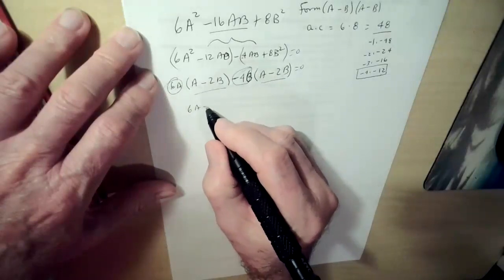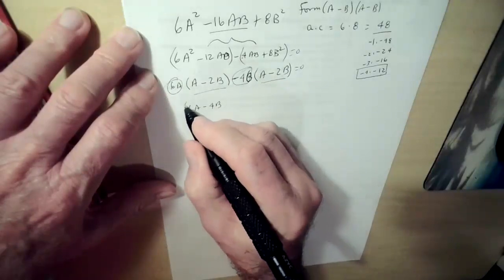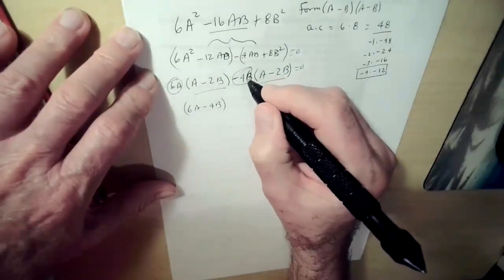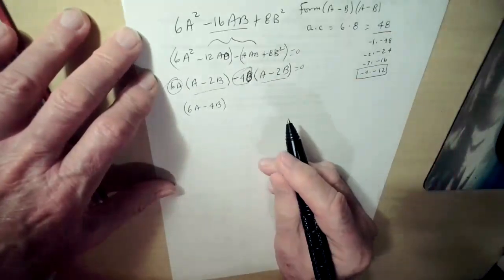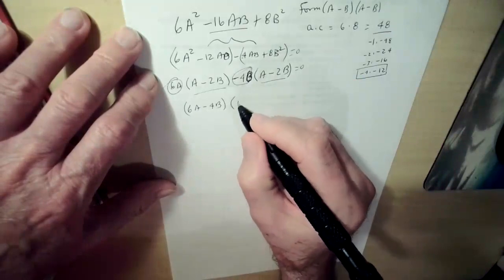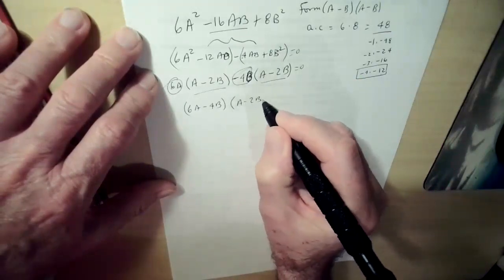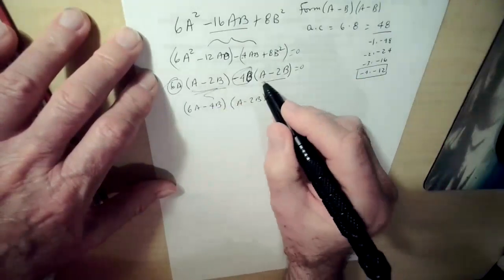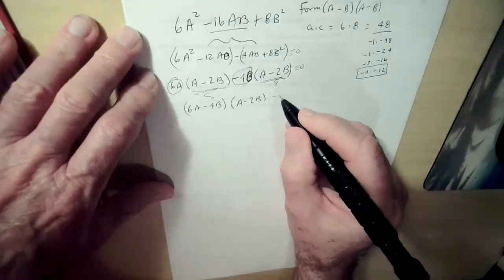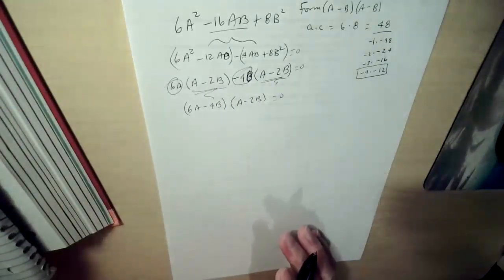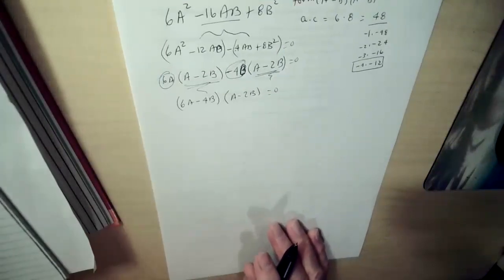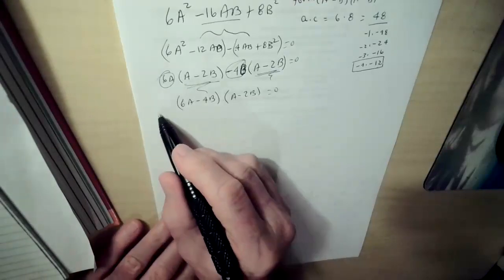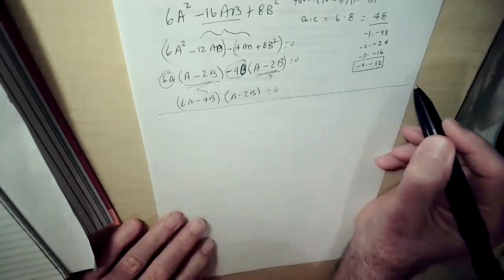This and this have to be the same, and they are. So we have this and this, 6a minus 4b, times a minus 2b. This and that equals 0. What could be more fun?